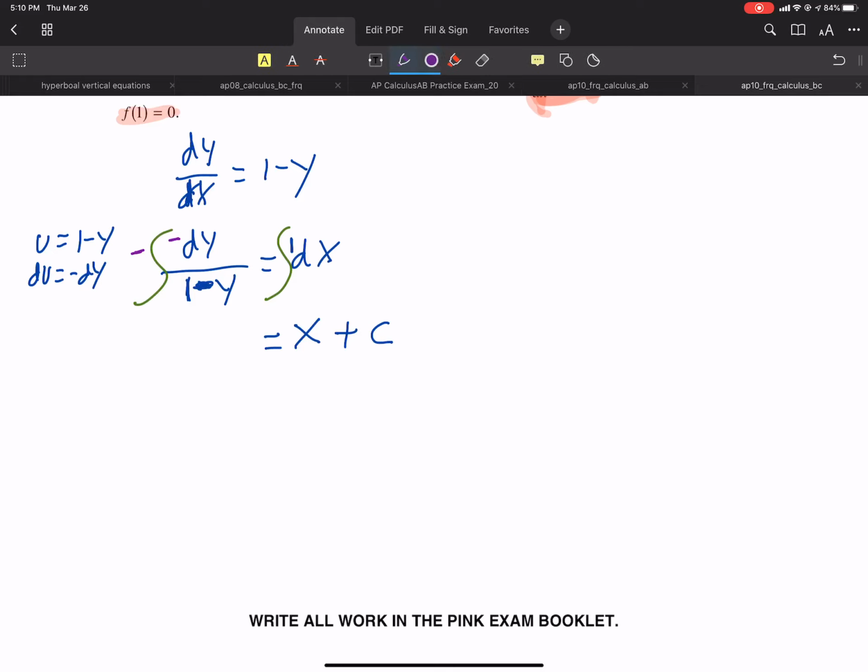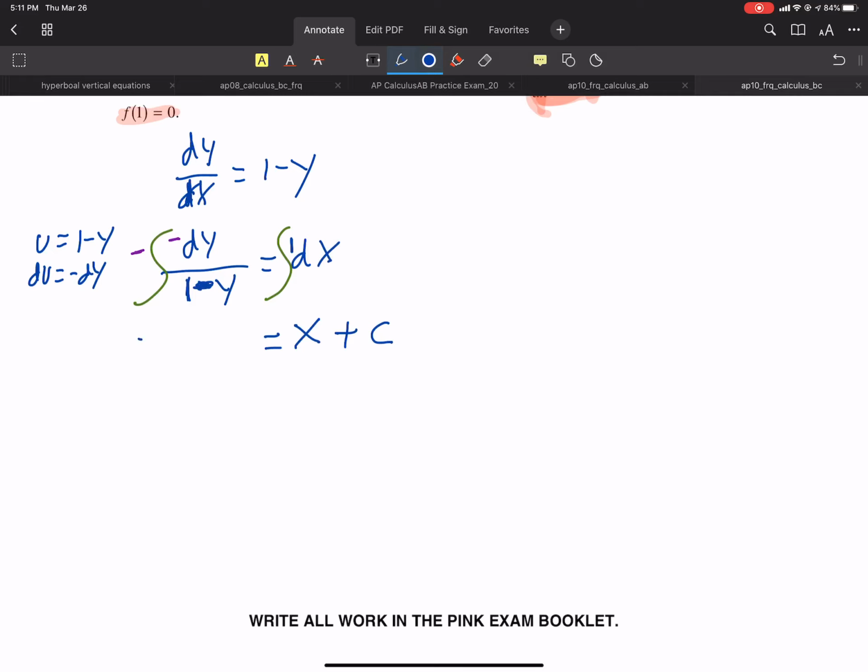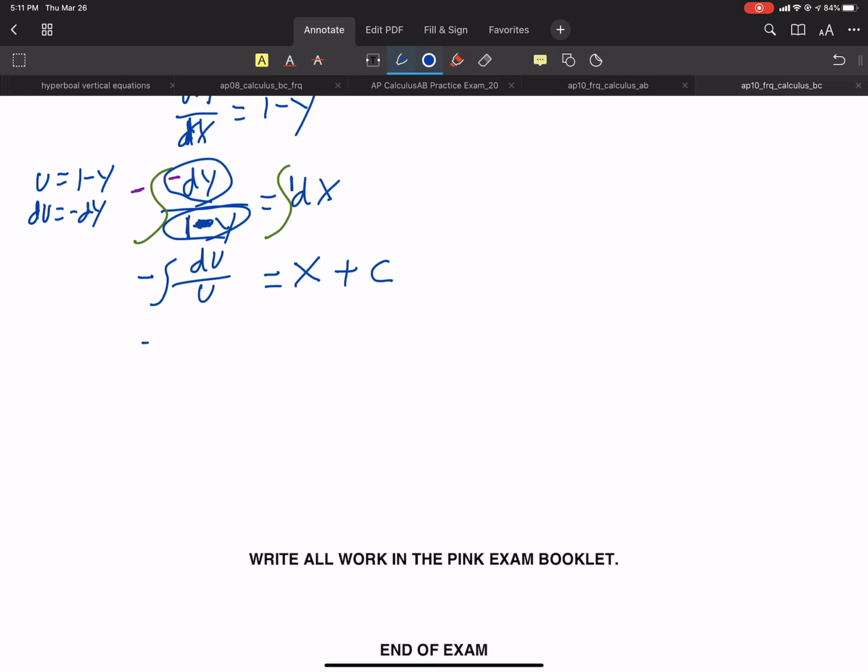Haven't said that in a while. All right, so if you substitute everything in the top, all that is just du, and all that is u. So that gets us negative ln absolute u, and then replace u with what u is.